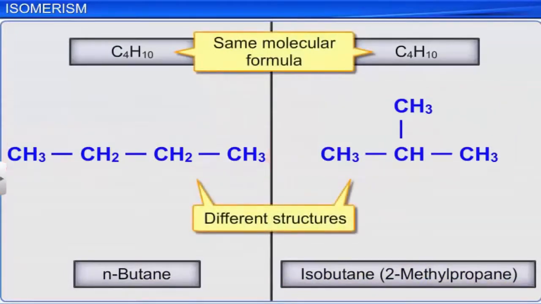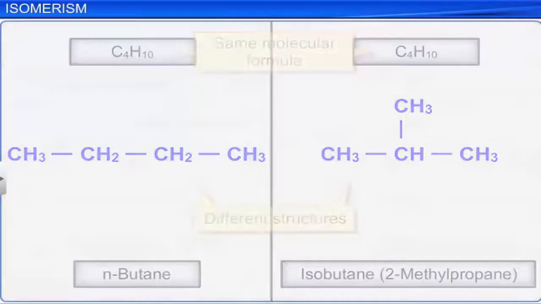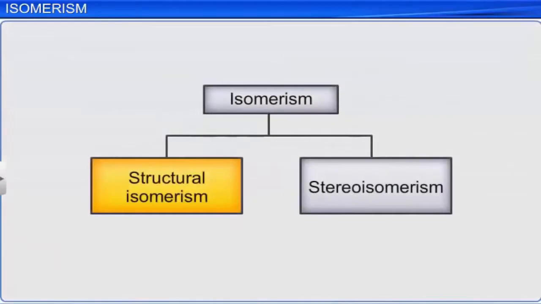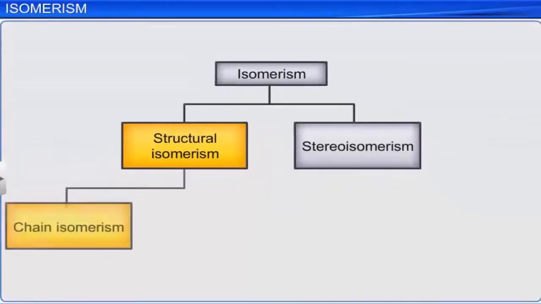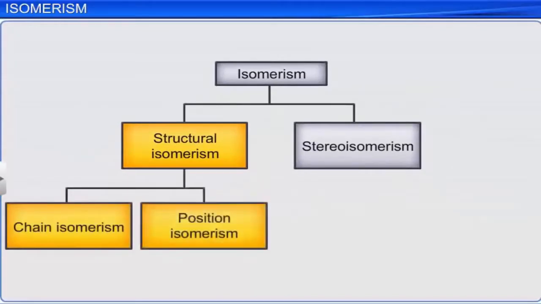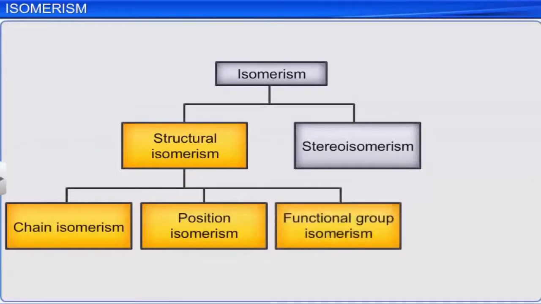Thus, they are structural isomers. Structural isomerism can be of following types: chain isomerism, position isomerism, functional group isomerism, and metamerism.